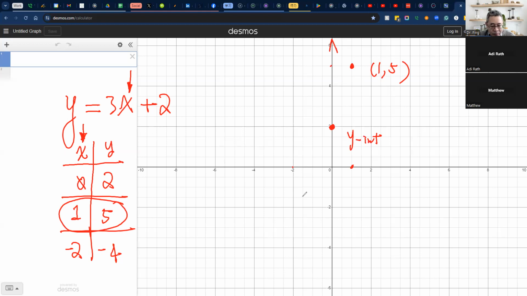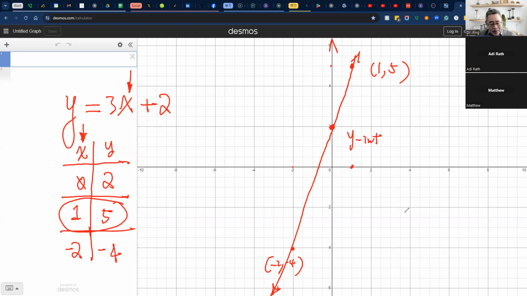Then -2 and -4 is here. If you connect that with a ruler, I don't have one, but you can see that the line goes through all of them. So that's how we graph a line using the table method.